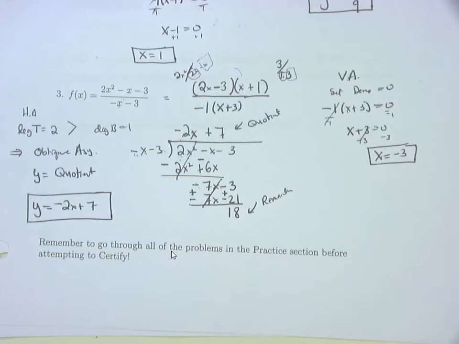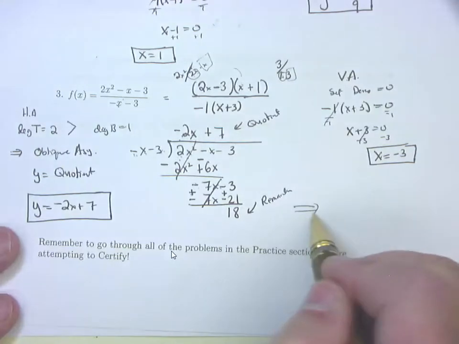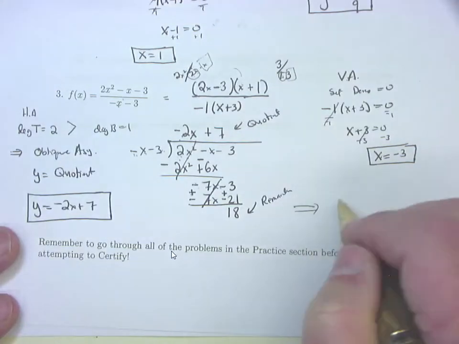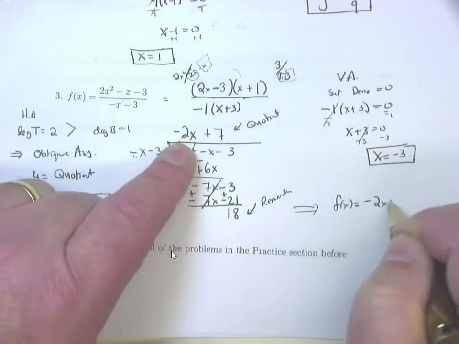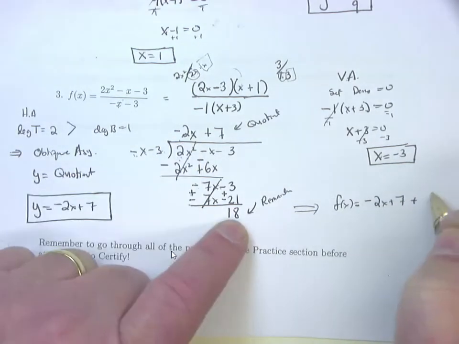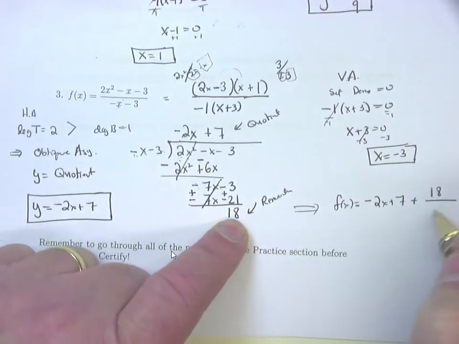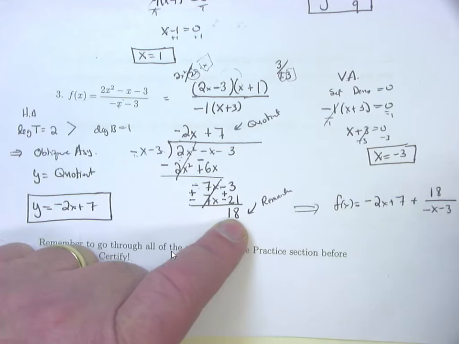And remember what the horizontal asymptotes and oblique asymptotes do. They tell you what's going on at the ends of your function. So if you actually do the long division on this thing, what you end up getting is the original function, f of x, would actually be equal to the quotient, negative 2x plus 7, plus the remainder, which is 18, as a fraction: 18 over negative x minus 3.